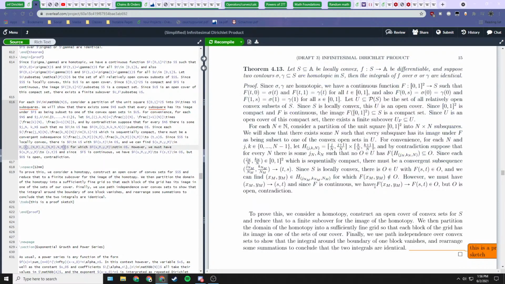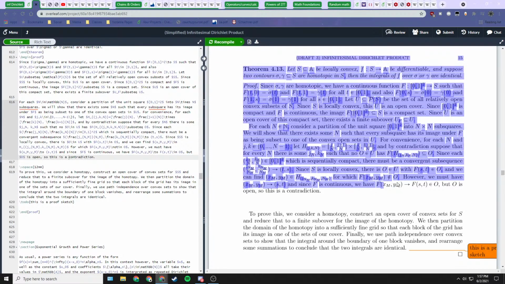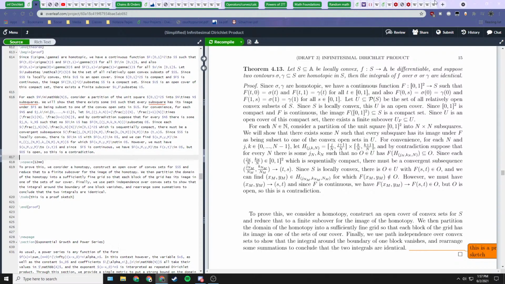Since f is continuous, we have f of (x_m, y_m) tending to f of (s,t), but this is in this open set. So if we have this limit to an open set, eventually these points have to stay inside this open set. There's no way to approach a point in an open set from outside of the open set. So there's a contradiction.